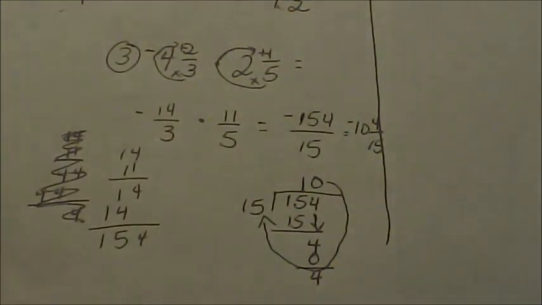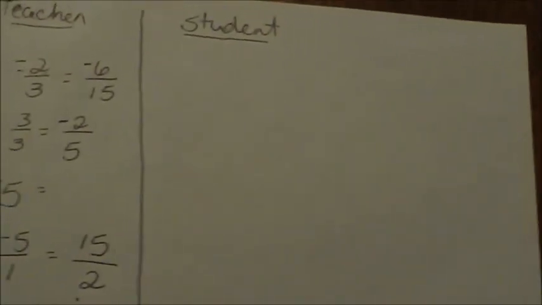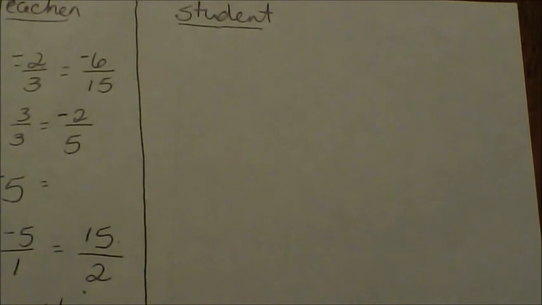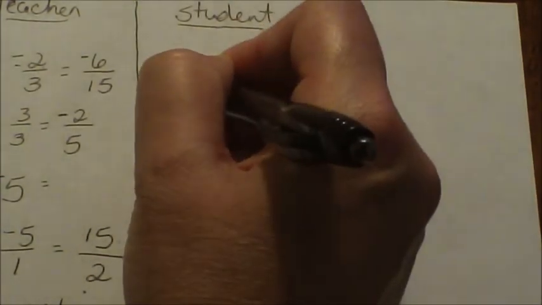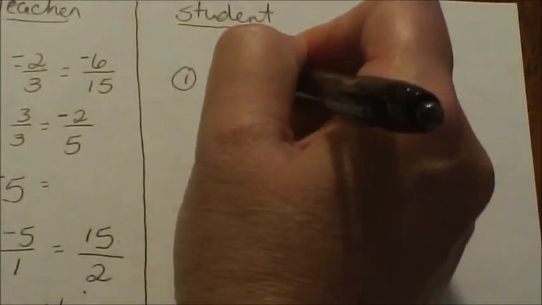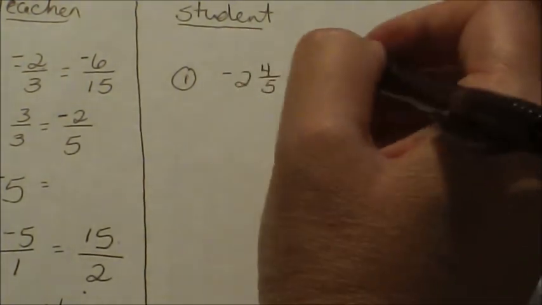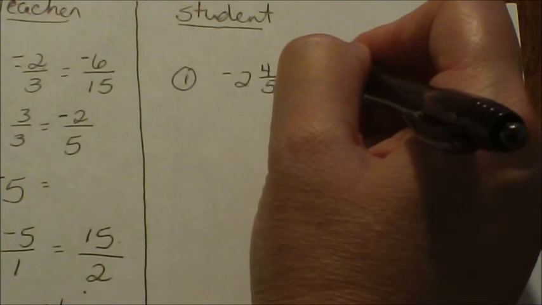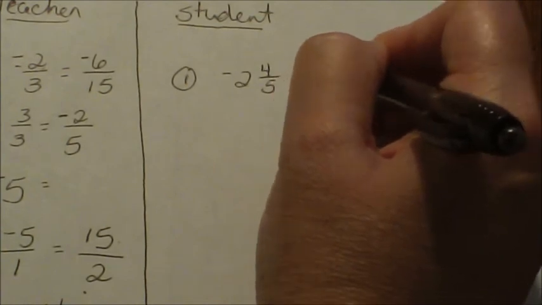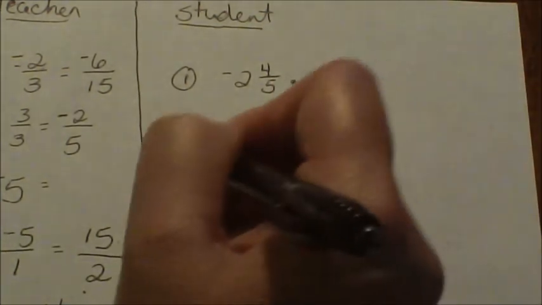All right, so let's do a few problems over on the student side. You can bring these in tomorrow and we'll check them. I want you to tell me what negative 2 4/5 times 6 1/3 is.